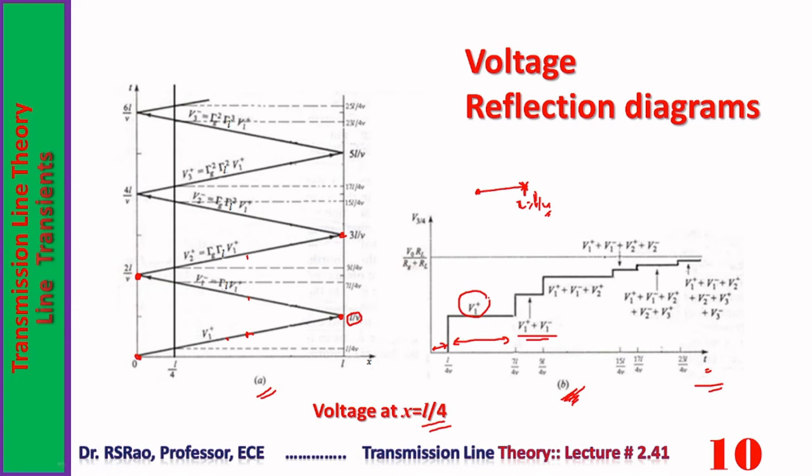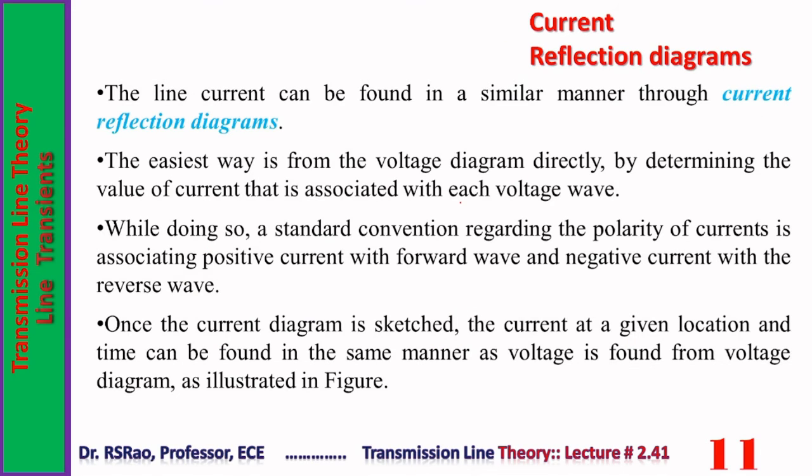We are saved from doing complicated computation. Similarly, if one is interested to know the voltage at x equal to L by 4 when the time is between 15L by 4V and 17L by 4V, one can find it from this diagram. To sketch the diagram in B, first we have to do the diagram given in A, which requires gamma L and gamma G. From A, one can sketch diagram B.